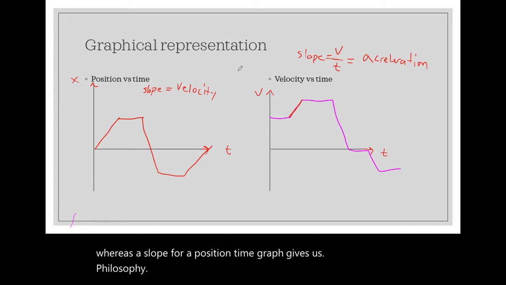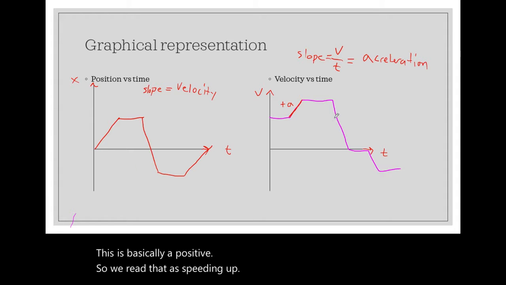Okay. And I say that specifically because here, this is basically a positive acceleration. And so we read that as speeding up. Here, it's a negative slope, right?